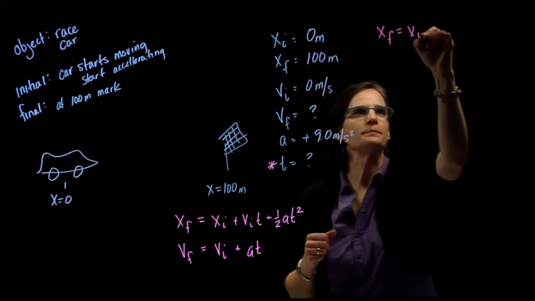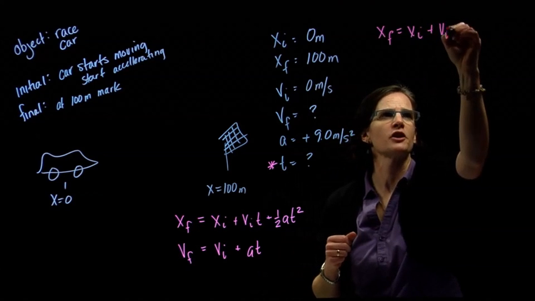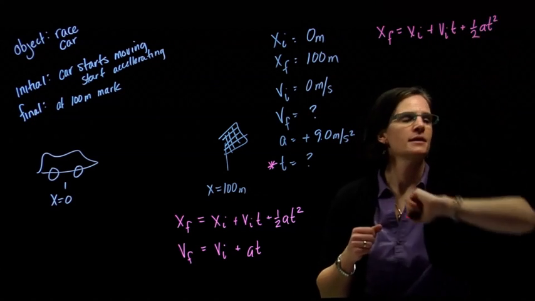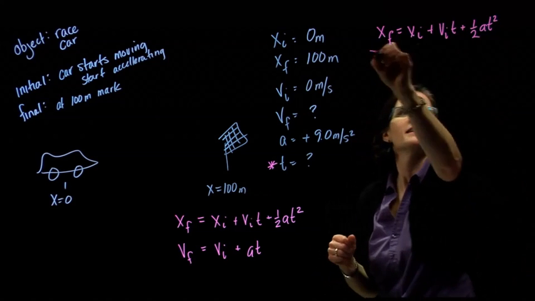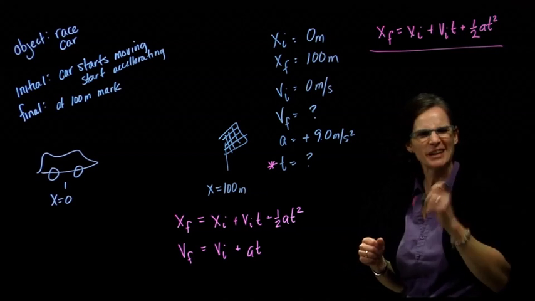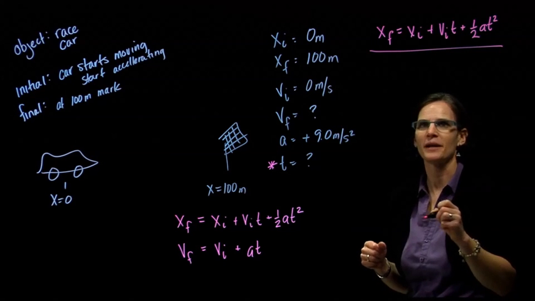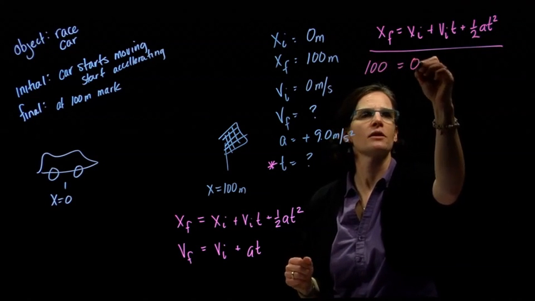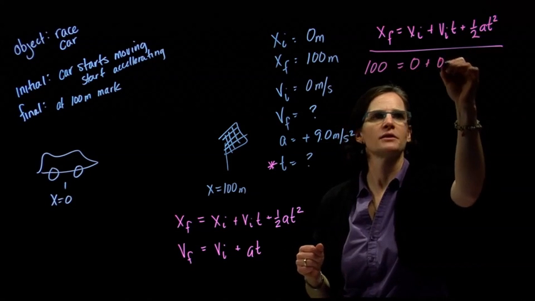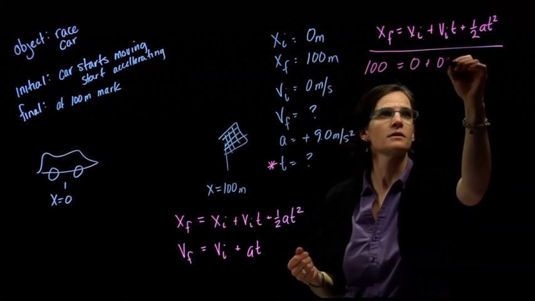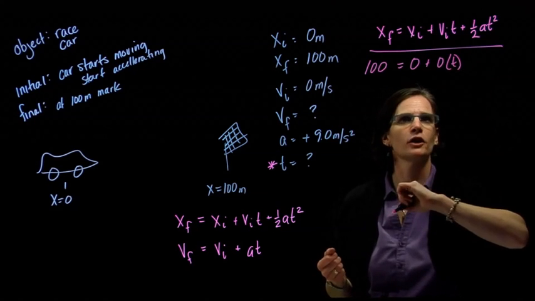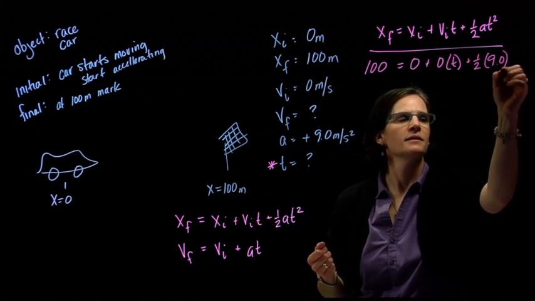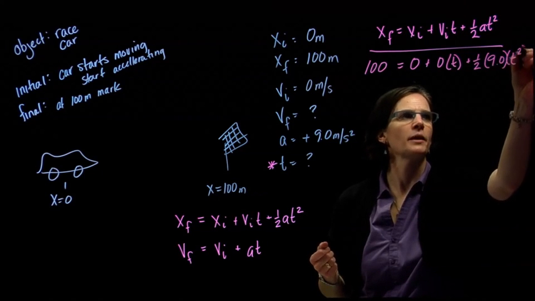X final is equal to x initial plus our initial velocity times time plus 1/2 the acceleration times the time squared. Now we look at what we know, we put it in that equation, and we can then evaluate it. So x final is 100, x initial is 0, the initial velocity is 0, times time is a question mark, so I keep that as its variable, plus 1/2 times 9 times time squared.